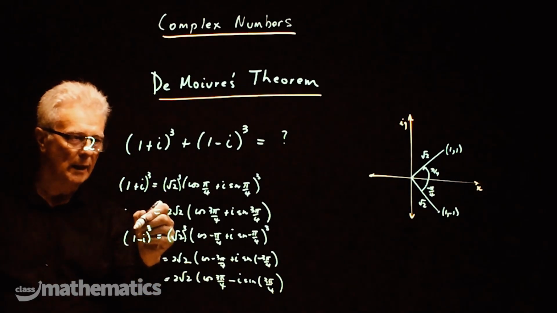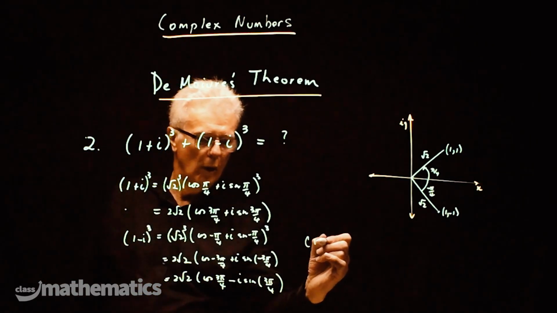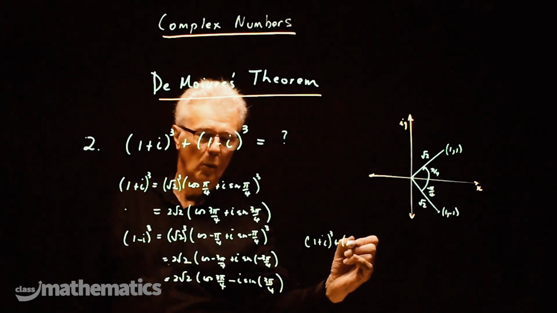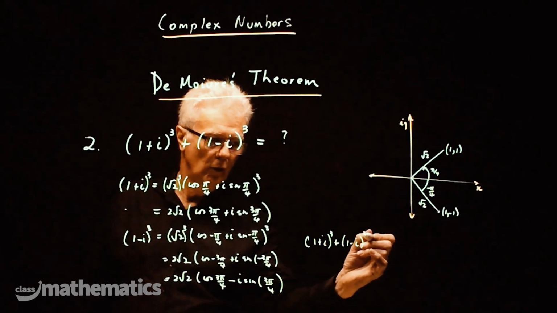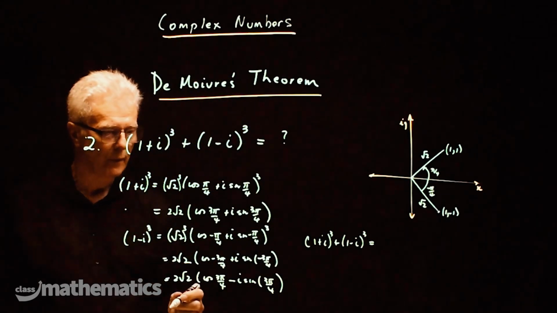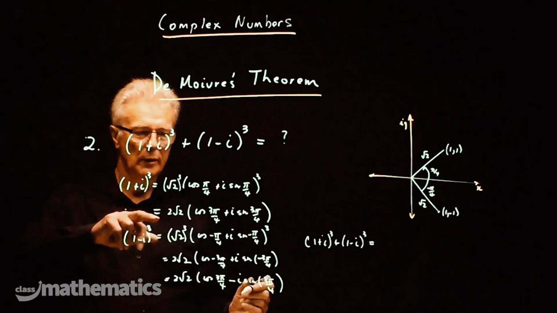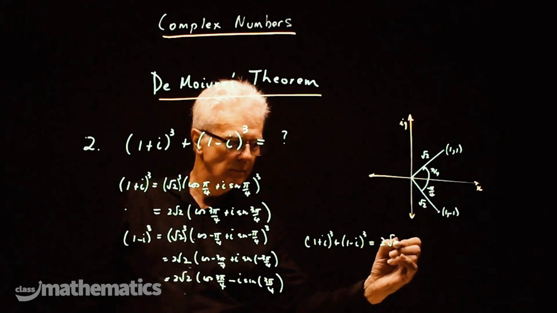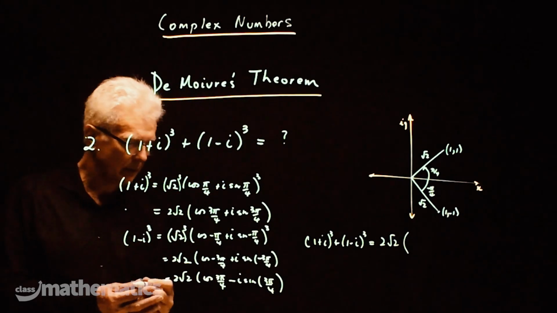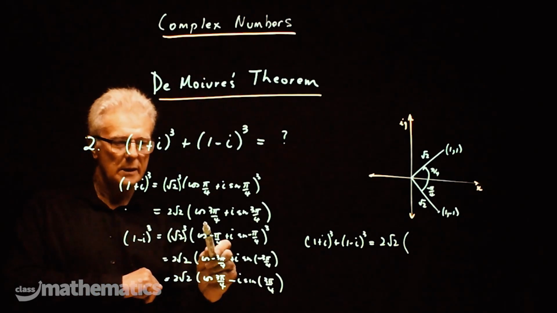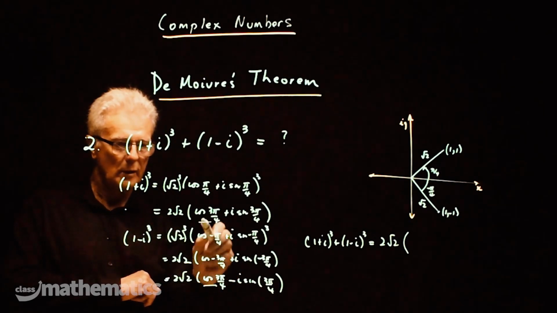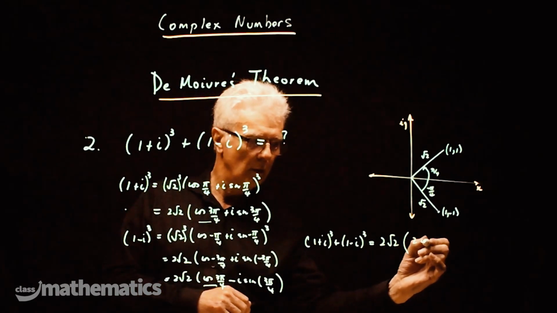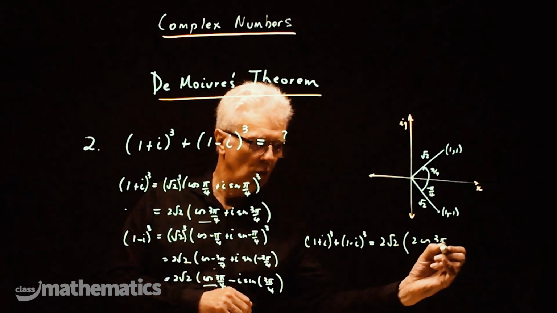Now when we add these together, 1 plus i cubed plus 1 minus i cubed, we have 2 root 2 outside of, adding these, there'll be 2 of the cos 3 pi upon 4.